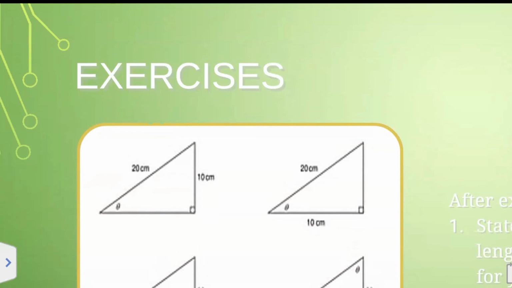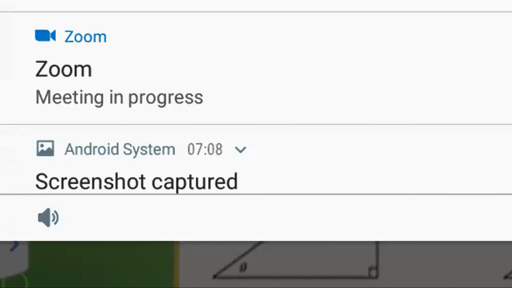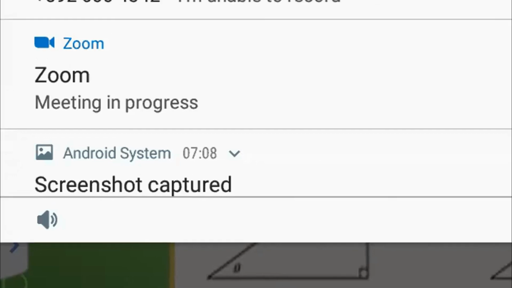Are you ready? Please indicate, students, that at the top of your calculator, you're seeing DEG, which means degrees, and not RAD or GRAD, because we're trying to find the angles in degrees.